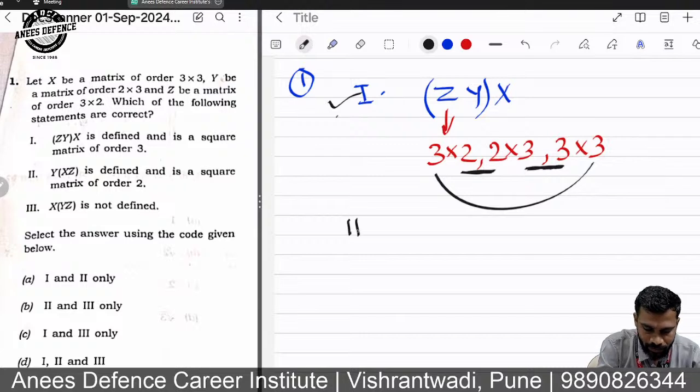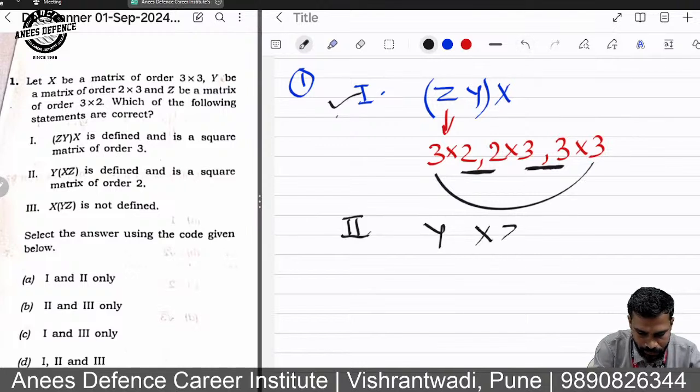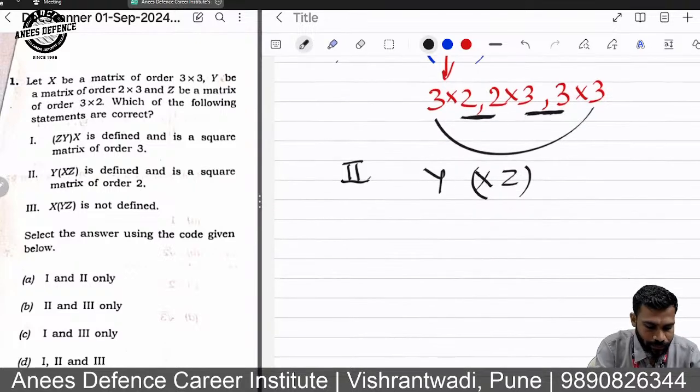Okay. Now the second one. It says Y, X, Z is defined as a square matrix of order 2. So let me write their orders.